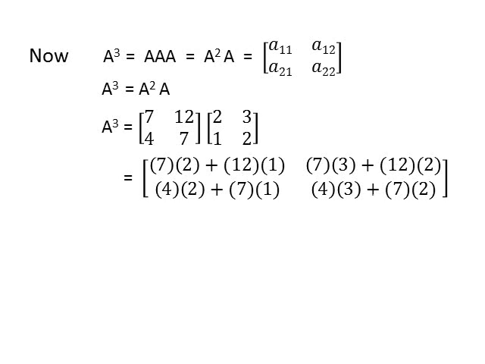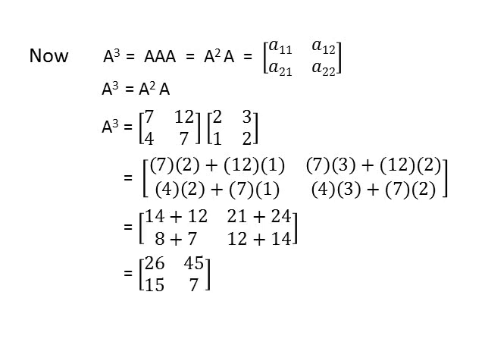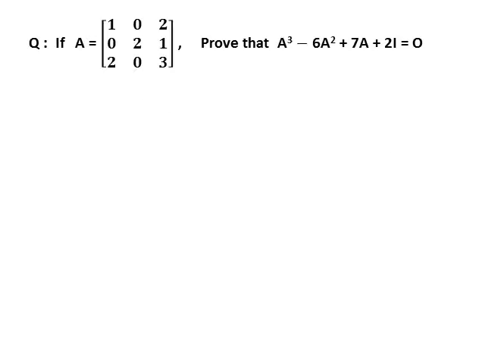Now, following the rule of matrix multiplication, take product of these two matrices as shown. We get A cube, a square matrix of order 2 with elements 26, 45 in first row, 15 and 7 in second row. Let's take another example.